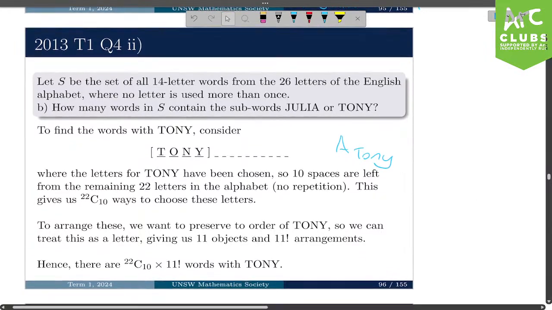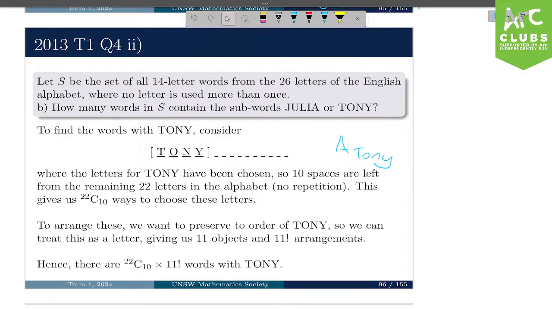The way we find A Tony is practically identical to the way we found the cardinality of A Julia. But for completion, I'll go through it again. We've already selected our 4 letters, so we have 10 letters we can select. And since we selected 4 letters, there's 22 letters left which we could select from, which gives us 22 C 10 ways to choose the letters.